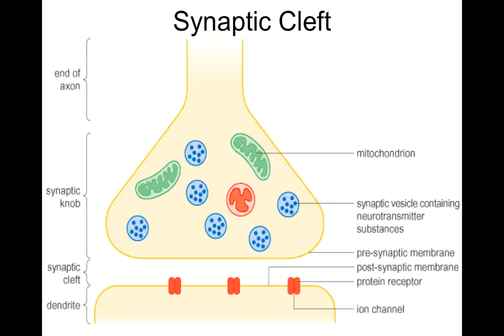Okay, this synaptic cleft is just a review because we've already done this with the muscle system. So here we've got what looks like a dendrite and an axon, and this axon is going to send a signal to this dendrite. So the axon of one neuron is going to communicate with the dendrite of another one.